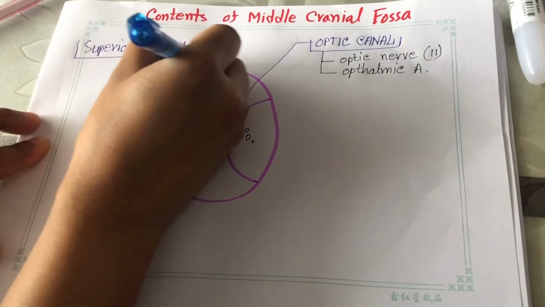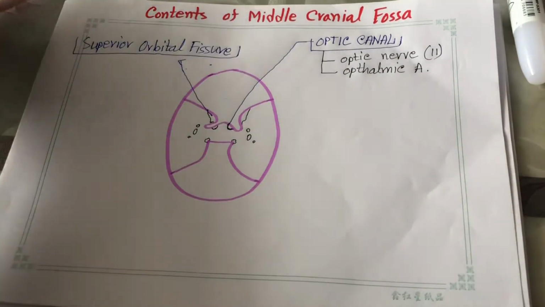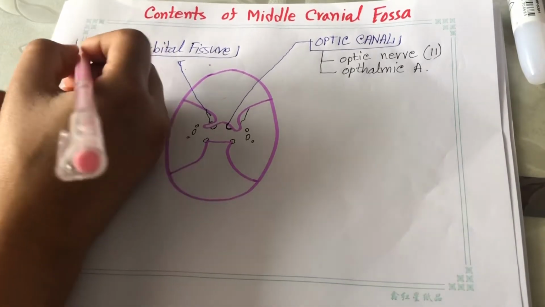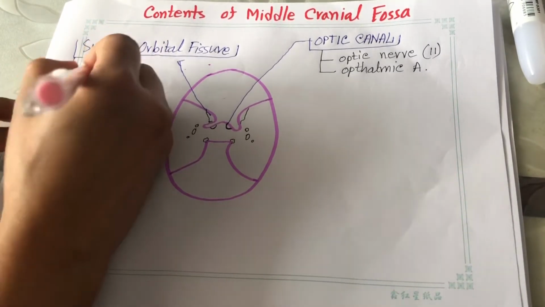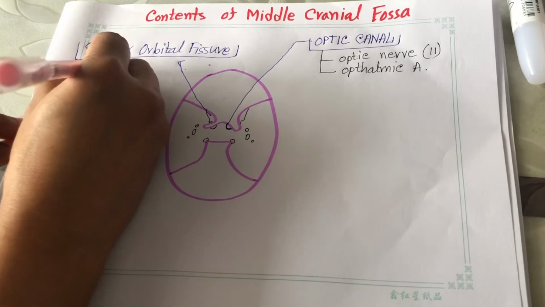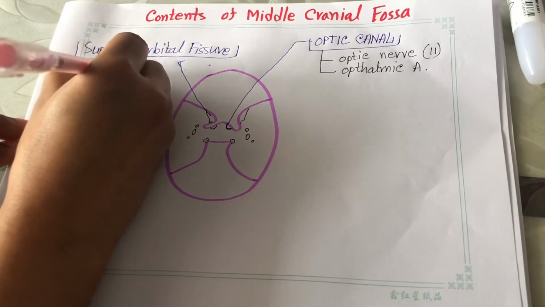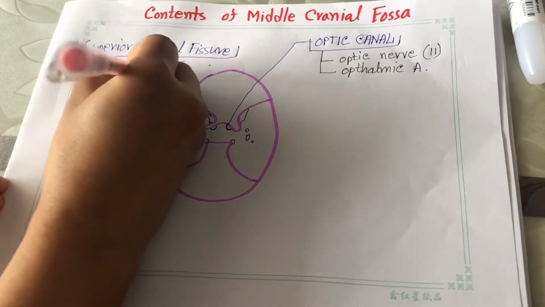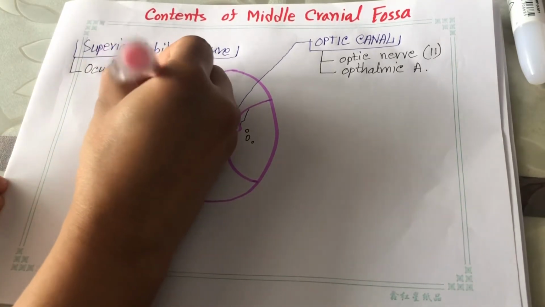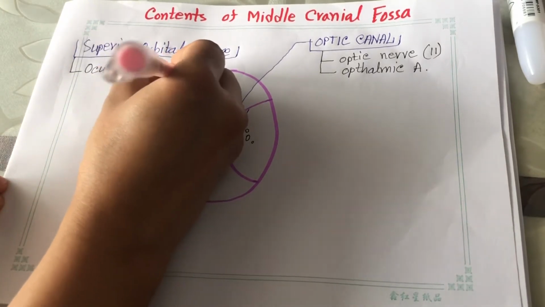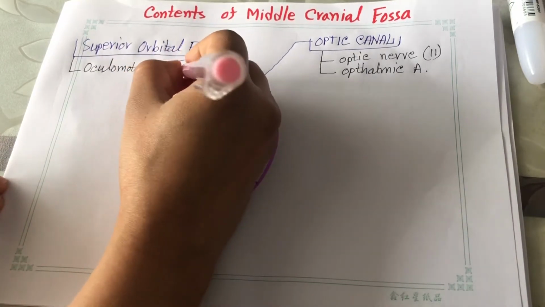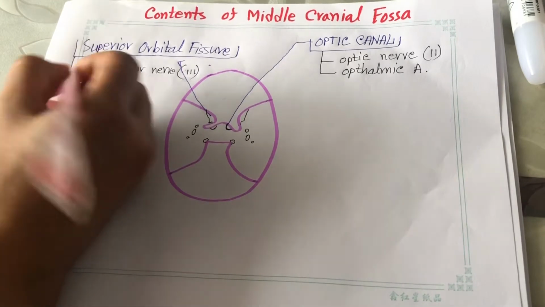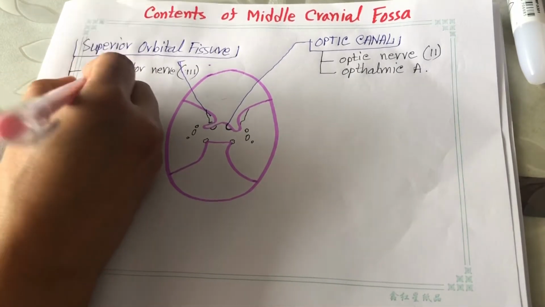So many important structures pass through this foramen. First one is oculomotor nerve, or third cranial nerve, then fourth cranial nerve or trochlear nerve.